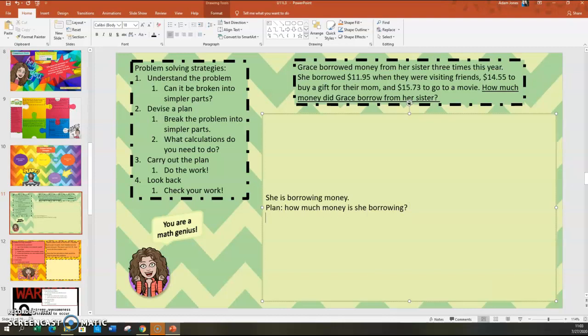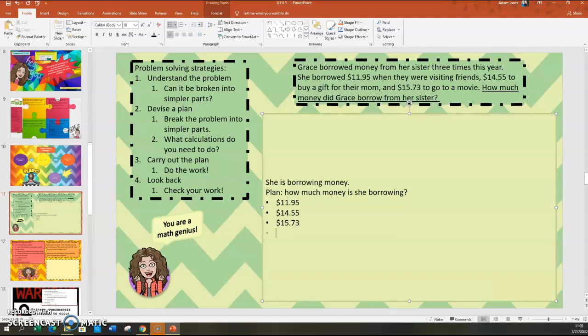So we know that one of the items that she borrowed was $11.95. We also know that she borrowed another $14.55. And finally, she borrowed $15.73.